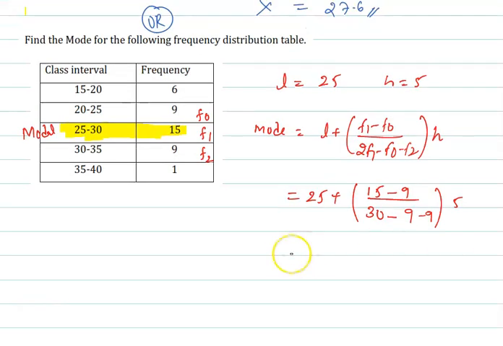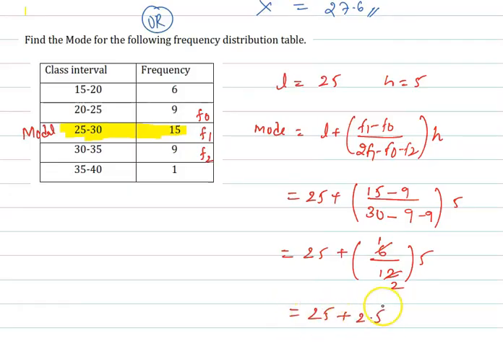Now on simplification we have 25 plus 15 minus 9 is 6, here 12 into 5. 9 9s are 18, 18 subtracted gives 12. So 25 plus 5 by 2, that is 2.5. What is the mode of the data? That is 27.5 is the mode for the data.